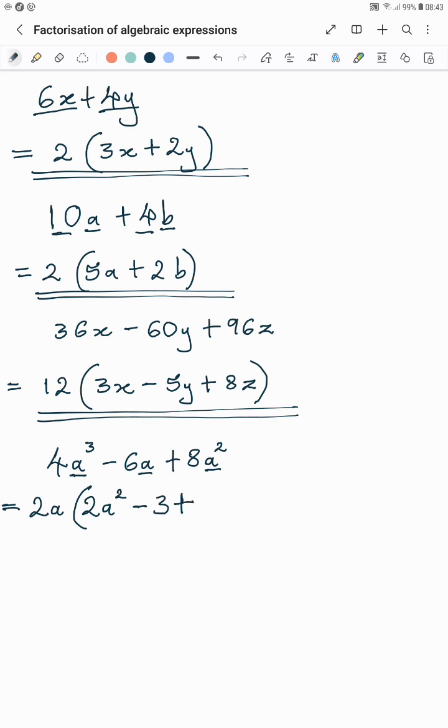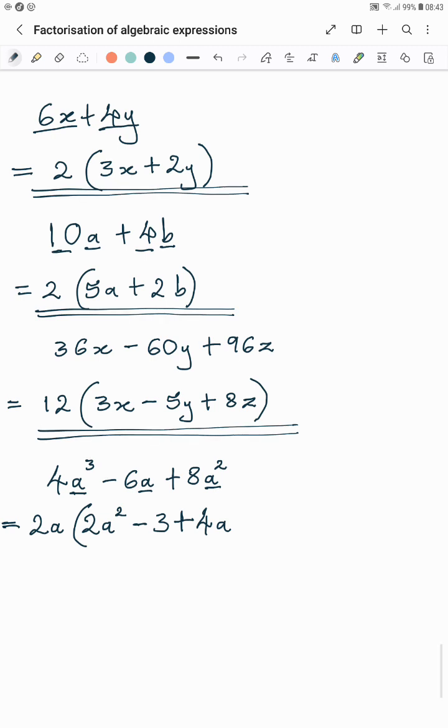And if you divide 8a squared by 2a, you're going to get 4a, because when you divide a squared by a, it's the same as a to the power 2 minus 1, which is going to give you a. So here you will be done with your factorization.